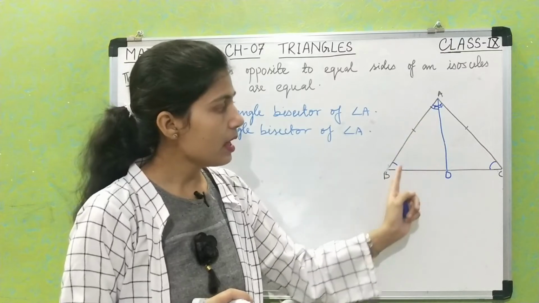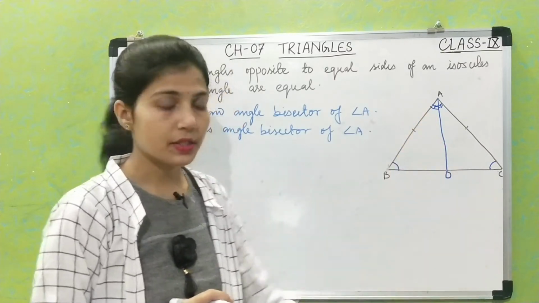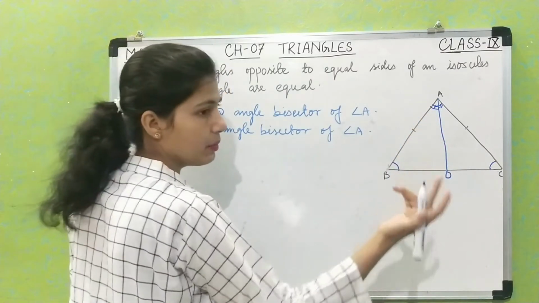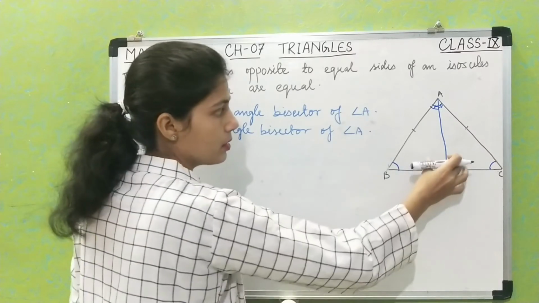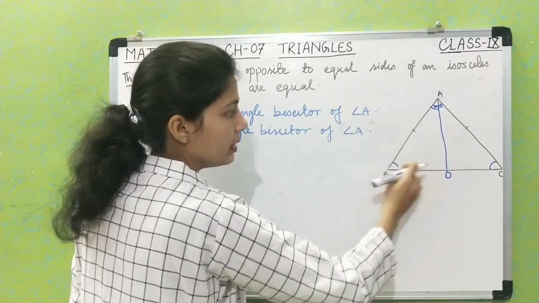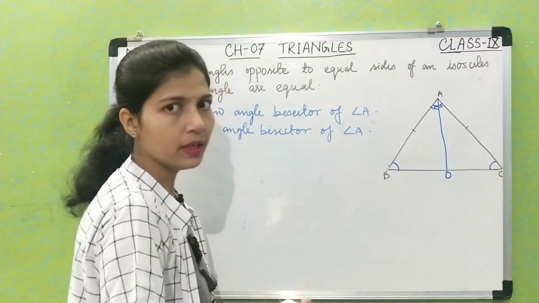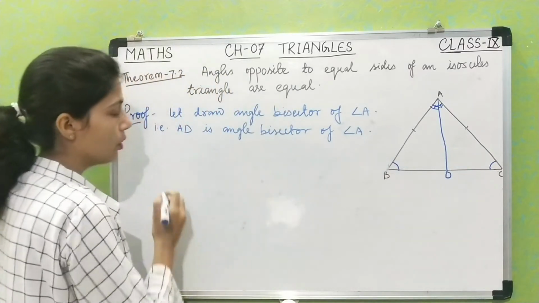One is ADB and another is ADC. So for congruency we need two triangles. Okay, so here there are triangles ADB and ADC, which we will consider to prove this theorem.